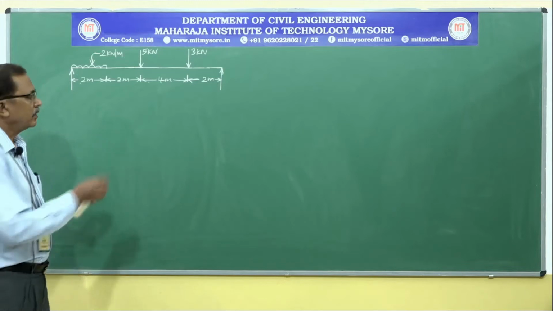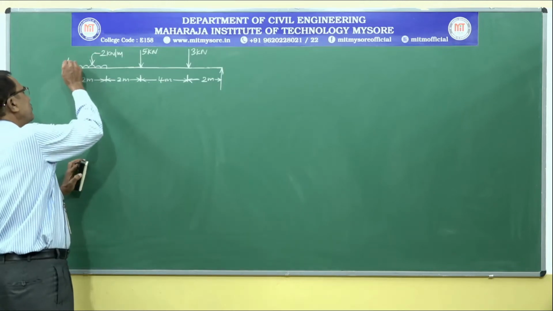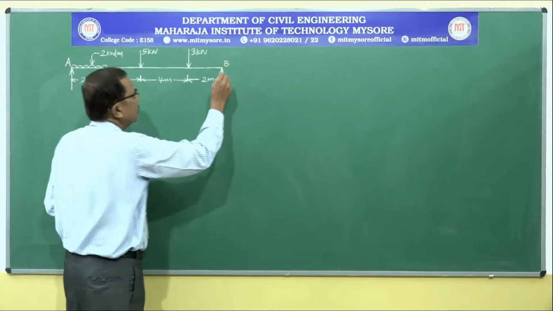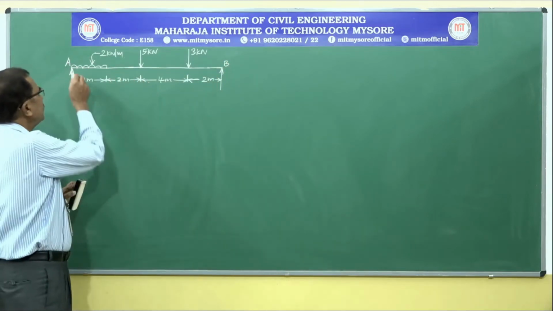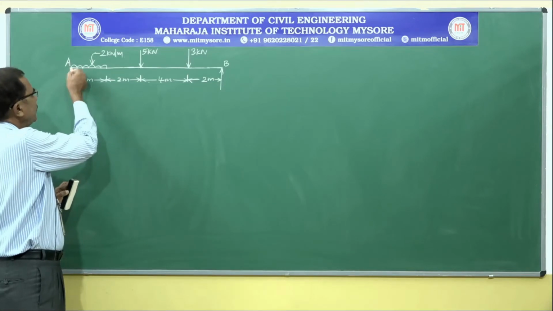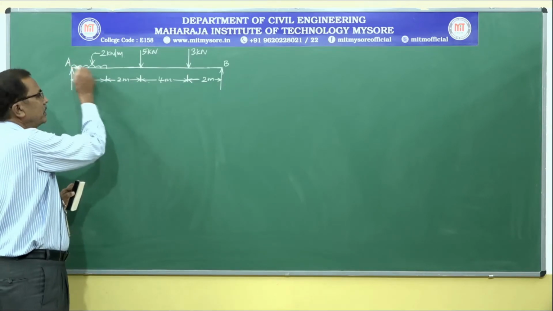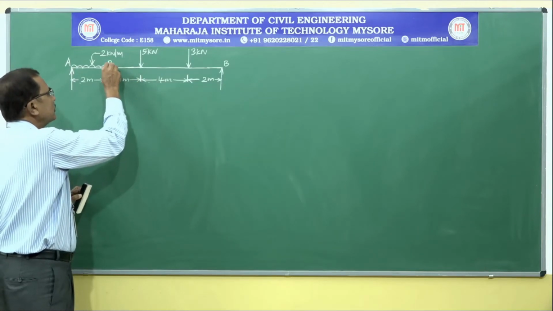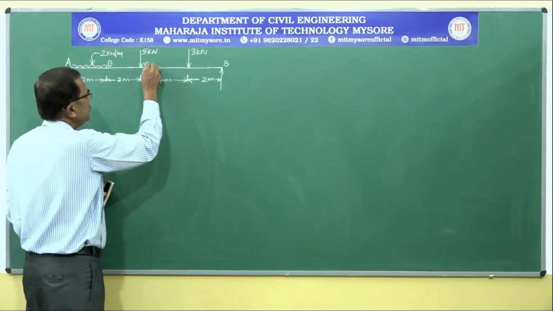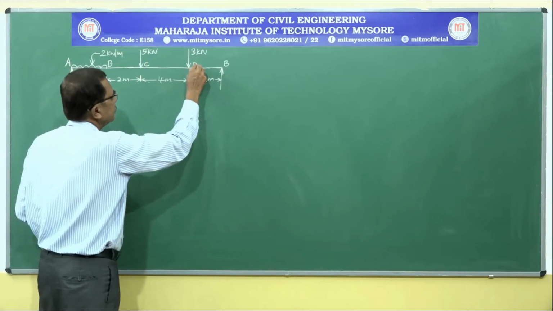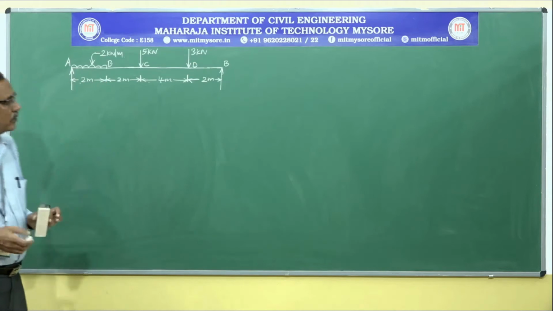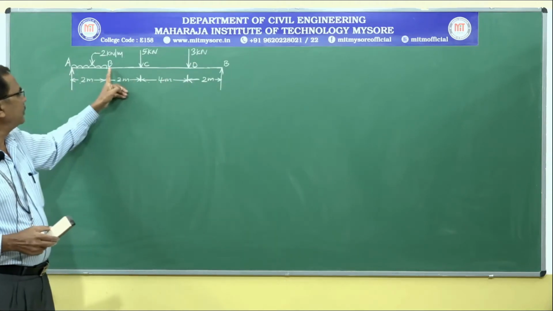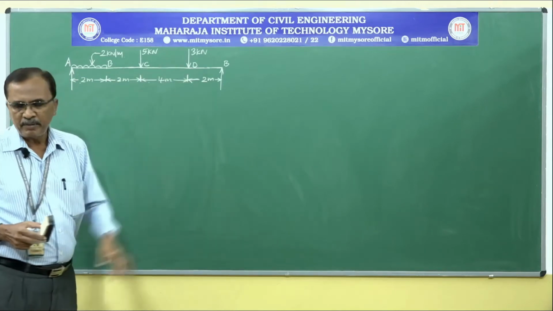Hence, for the sake of convenience, consider support points as A and B, and this A represents the support point and also the commencement of the UDL. Clearly mark the salient point. Next point is B, mark this point as C, and this is D. A and B represent support reaction points and C and D represent the intermediate points.